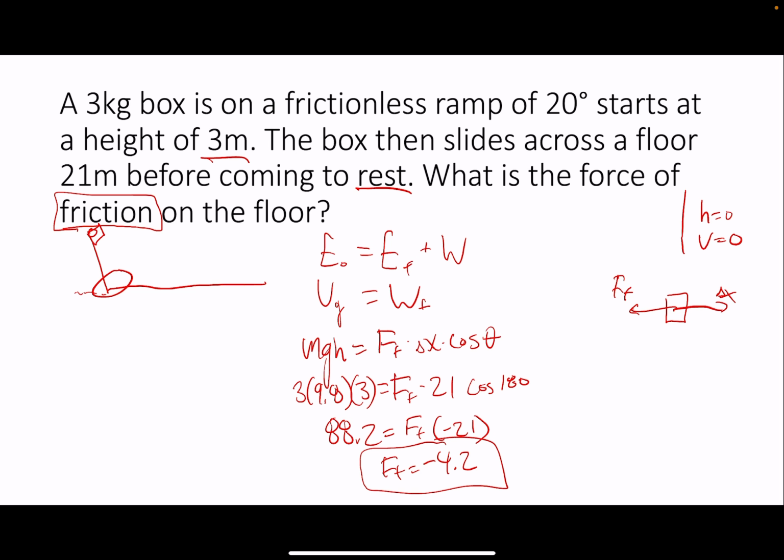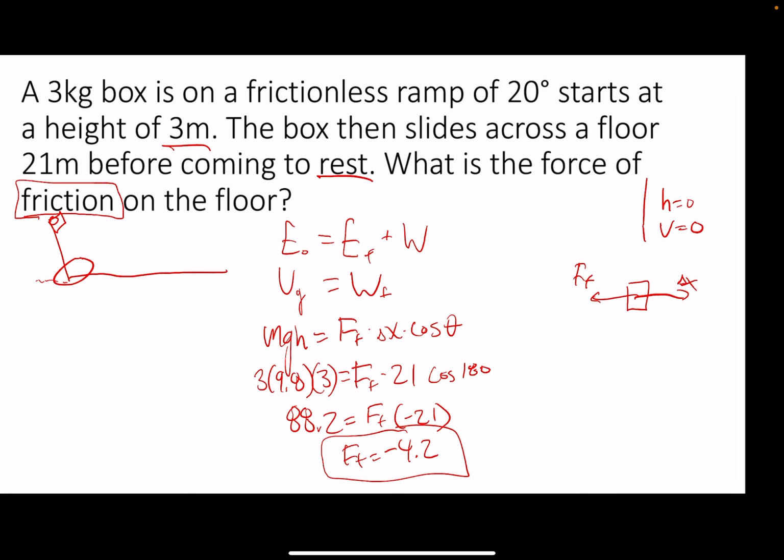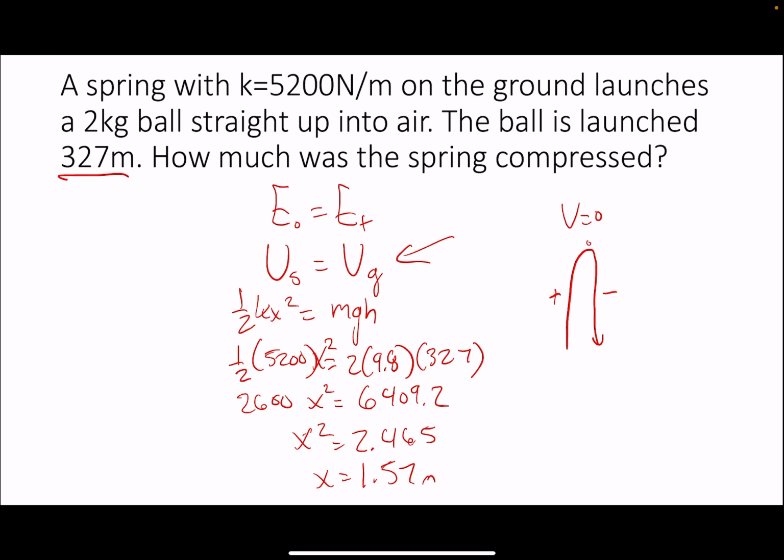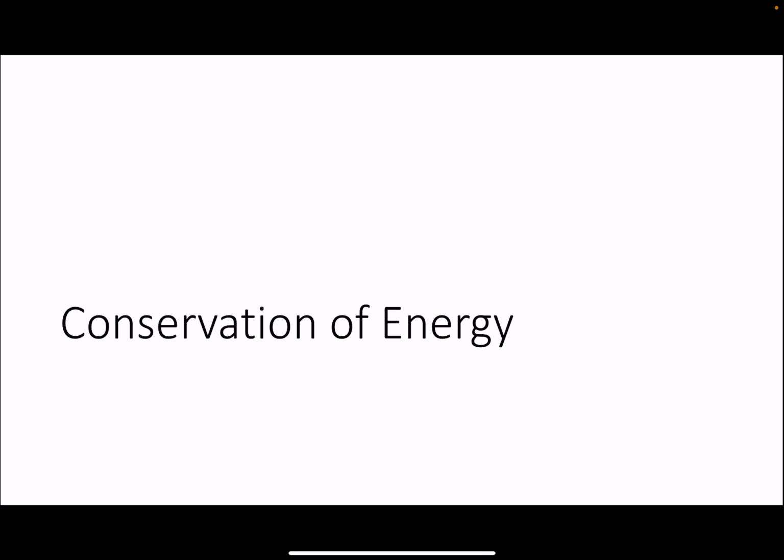Once you get the idea, you can add springs in. I think springs are actually the easiest because they're pretty obvious if there's a spring or not. It's the kinetic energy and potential energy that get confusing, especially with questions like the first question on the homework, part B, where it says, what's the velocity halfway up?